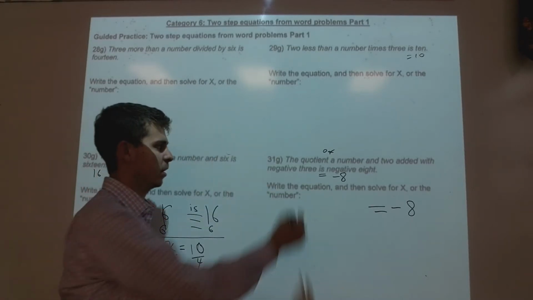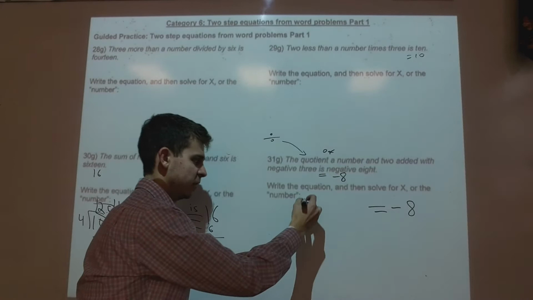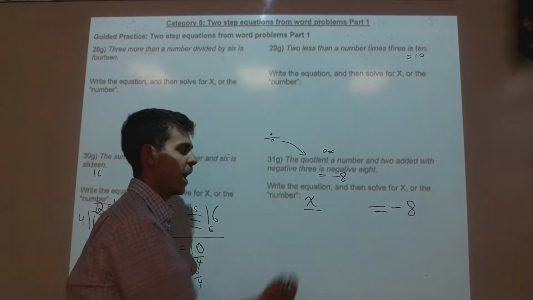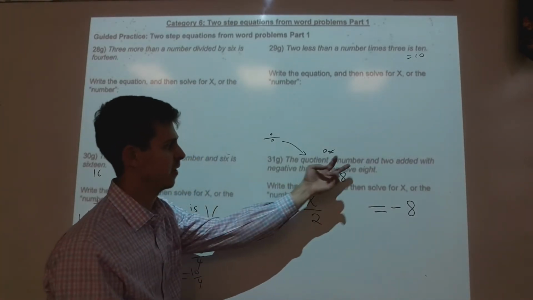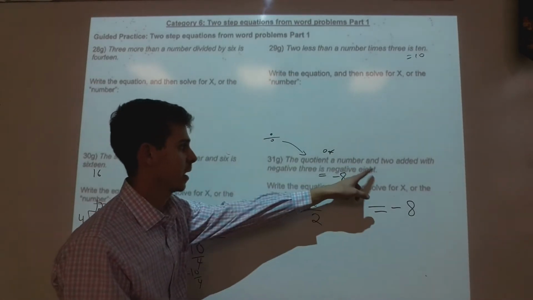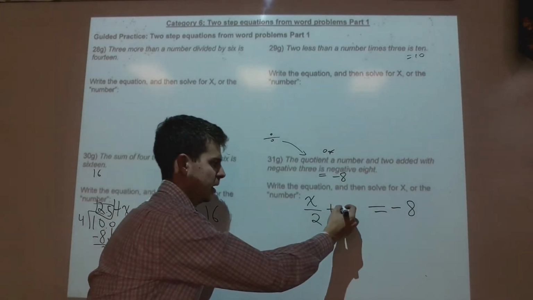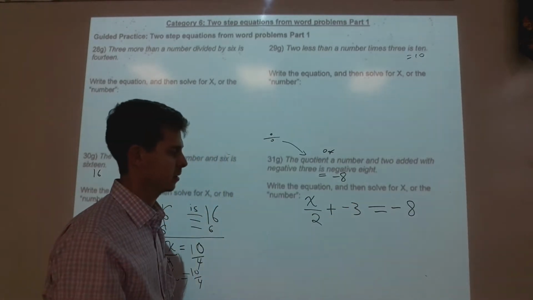So the quotient, when we think of quotient, we're going to think of division. So the quotient of this and 2, so we're going to be dividing these two numbers, the x over 2, added with -3 is equal to -8.